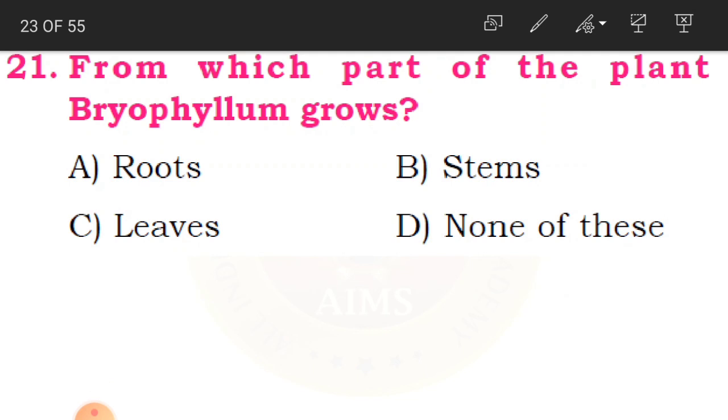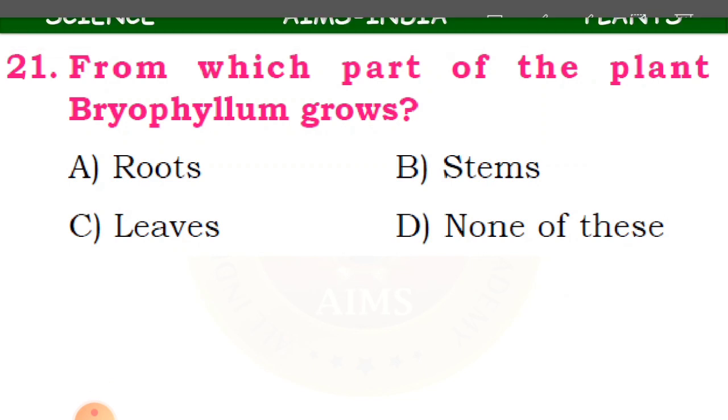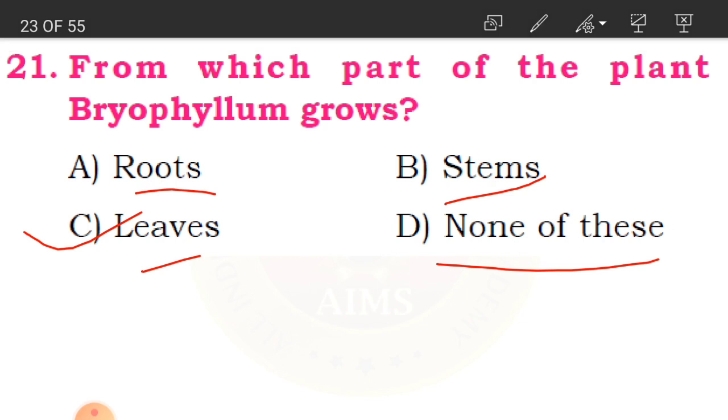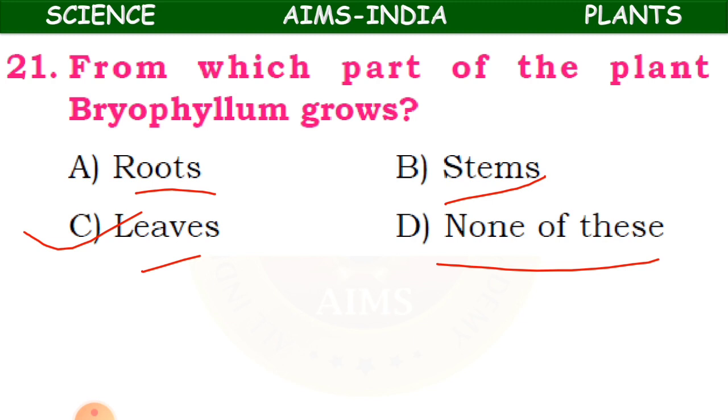Whether from roots or stems or leaves or none of these. They grow from the leaves. Clear, children? So this is the correct option, C.